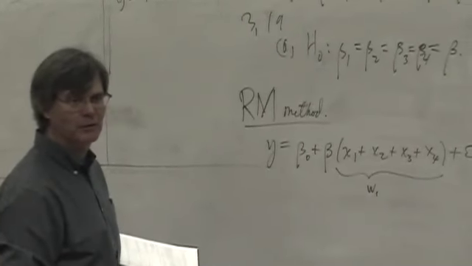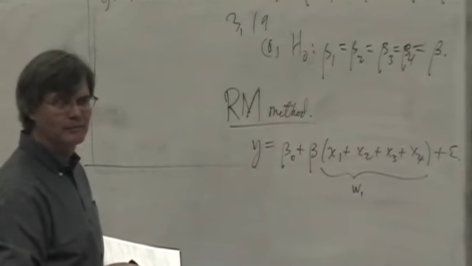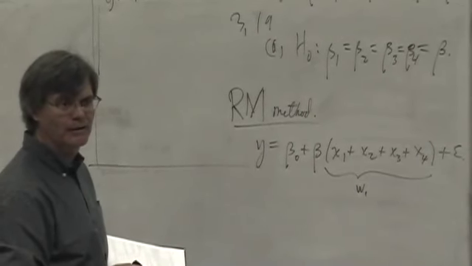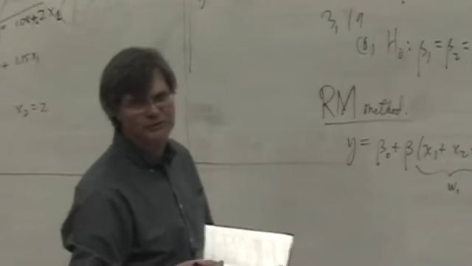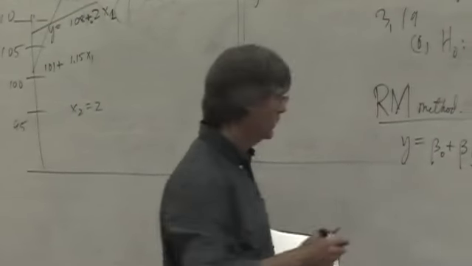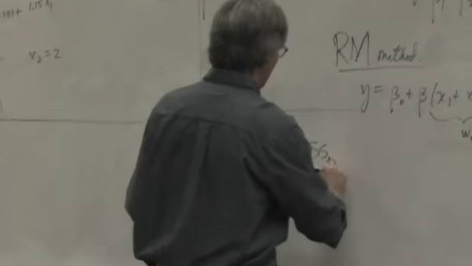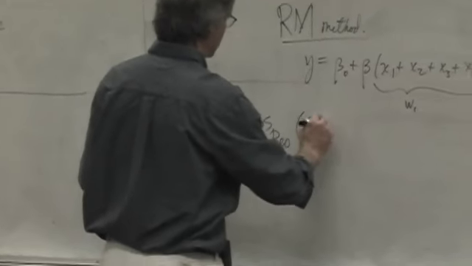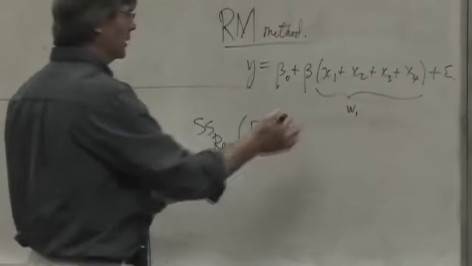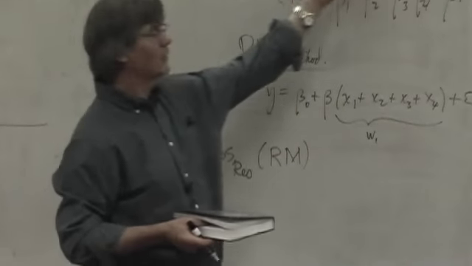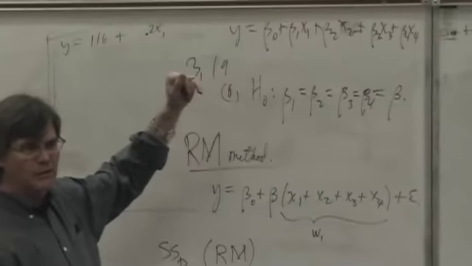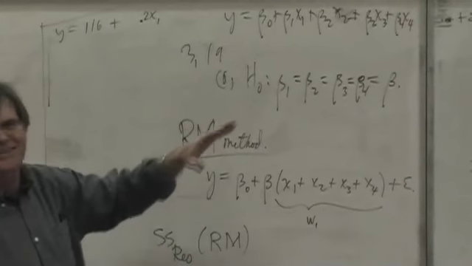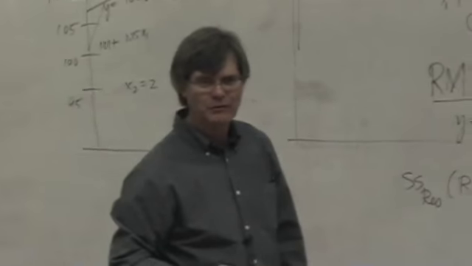And that's going to give you a certain residual sum of squares, sometimes also called the error sum of squares. So you get the SS-res of the reduced model. And this model is not going to fit as well as the full one. Here you have a lot of different parameters to fit with. You can play around and try to connect the dots, so to speak, with your regression equation.